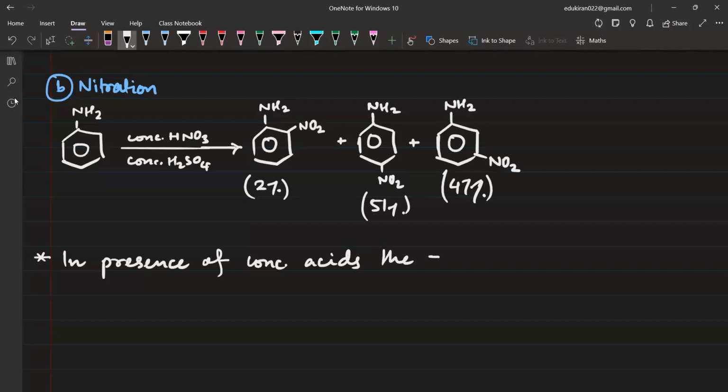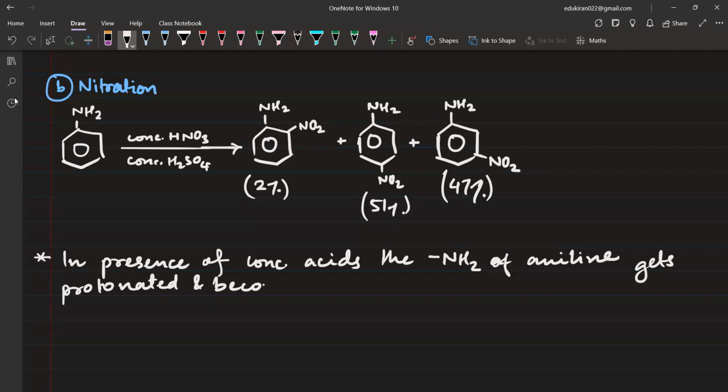The NH2 of aniline gets protonated and becomes NH3 positive.